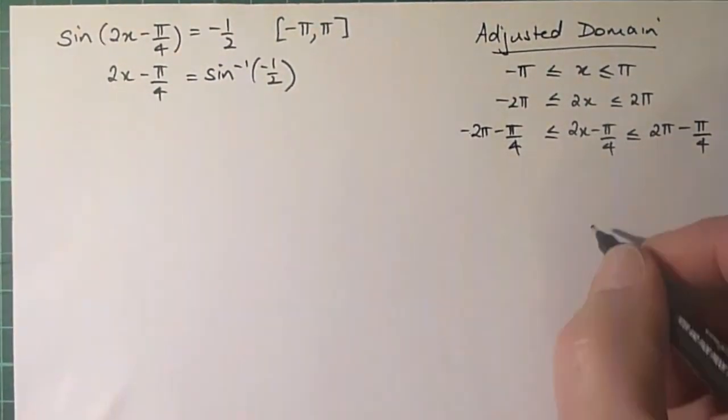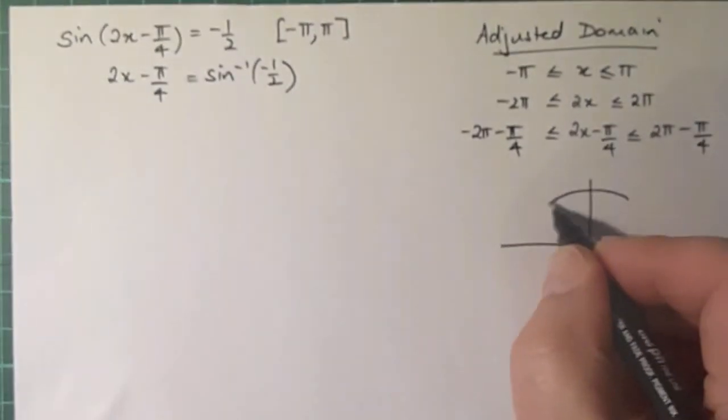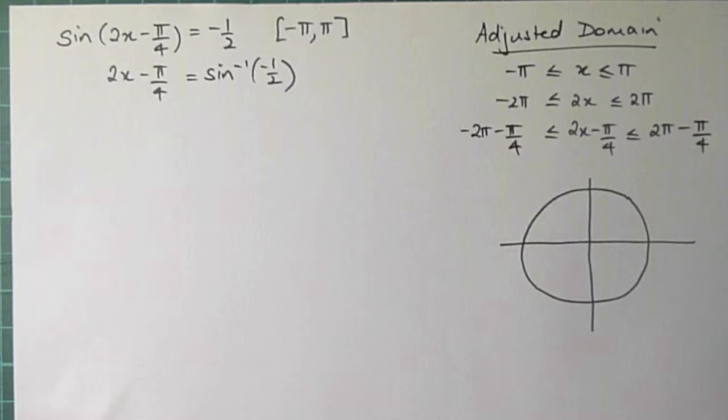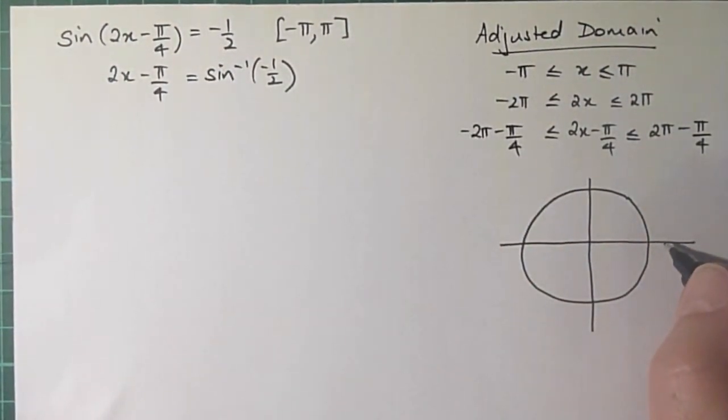Let's see what that looks like in a unit circle. So we'll draw a unit circle, and we see that this is 0 degrees, but also 2 pi. So 2 pi minus pi on 4 will bring us to here.